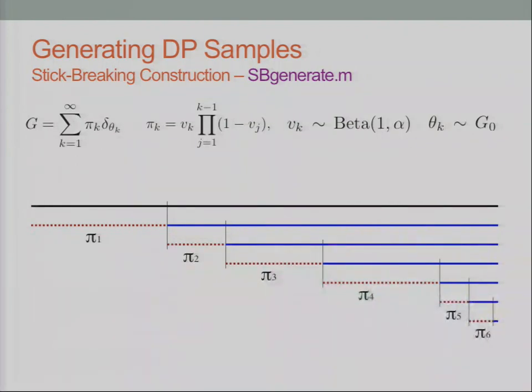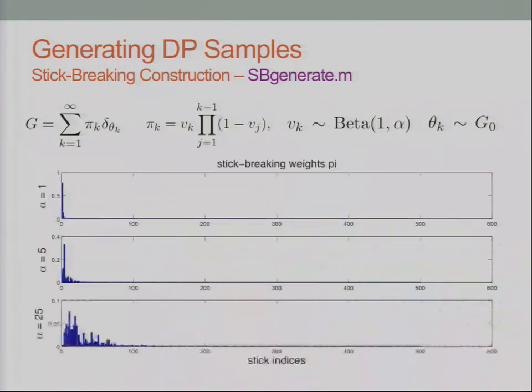We kept this as the first stick length, and then we recursed on this remaining part, broke it off here. This was the second stick length, and so on. And basically, I show here the sticks in the order that I draw them, these being the stick identities. So the first stick, second stick, 100th stick, and so on.